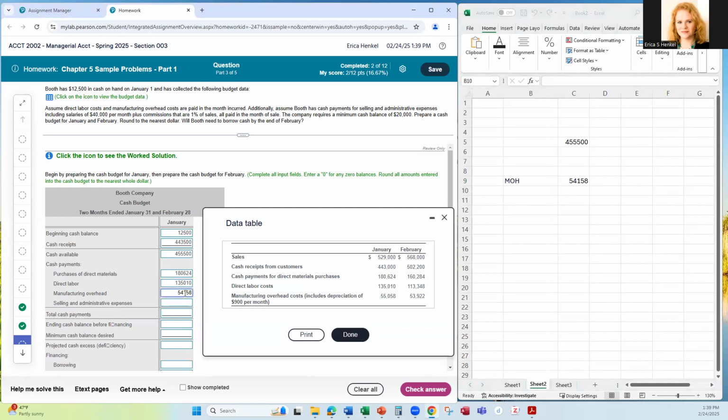And then selling and administrative is paid during the current month, and that's going to be 40,000 plus 1% of sales. Sales are 529,000. 1% of that is 5,290.